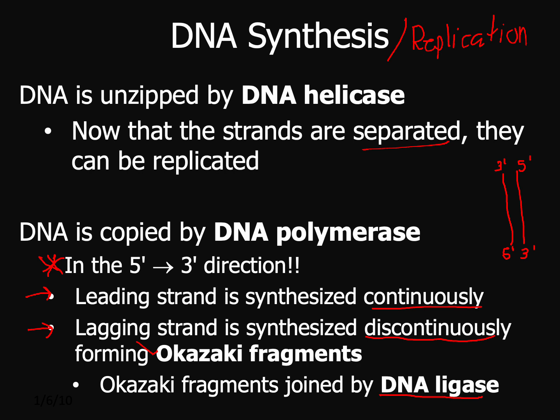The last thing I want to bring your attention to on this slide, let me grab my highlighter, is this. This ends in ase, this ends in ase, this ends in ase. DNA helicase, DNA polymerase, DNA ligase. These are all enzymes. So there are a lot of important enzymes involved in DNA synthesis.